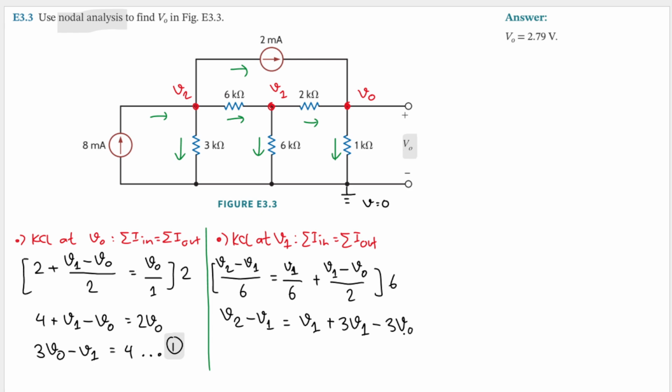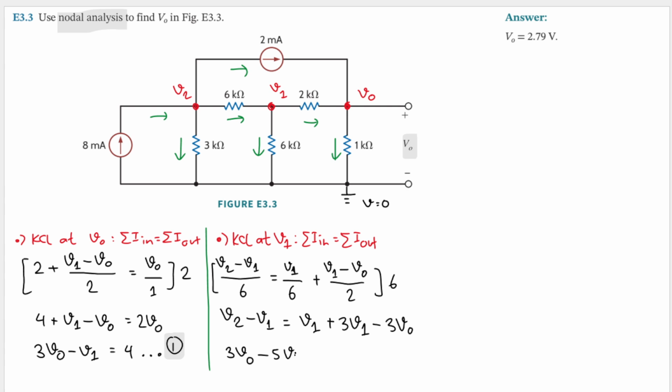Minus 3V0. Good. Now let's move this 3V0 to the left hand side. So we will have 3V0 here, and then we will have minus V1, and then minus 3V1. So we will have minus 5V1, right?